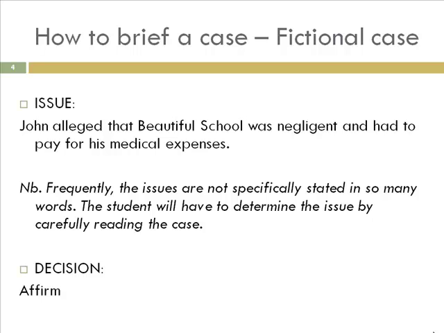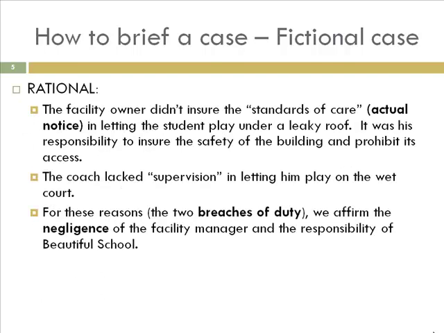Decision. Let's say that it's in the appeal court and the decision of the trial court was affirmed. Okay, now the rationale. Why was that decision taken? The rationale is almost the main part of your brief, because in the rationale, you're going to explain everything. Here, for example, the facility owner didn't ensure the standard of care.